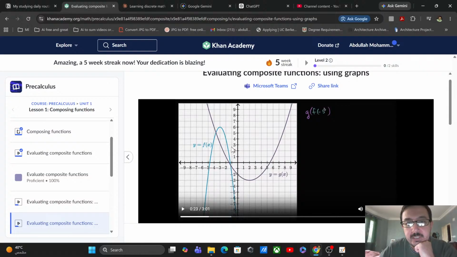So this is the y, this is the x. f of -5, this is -5. So what's the y equal?